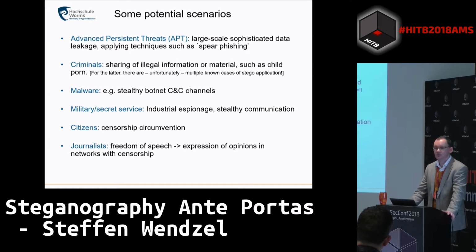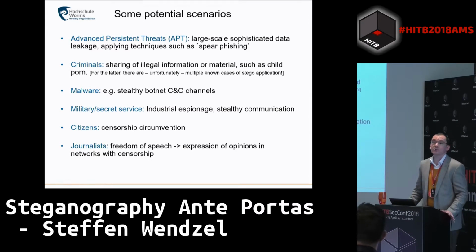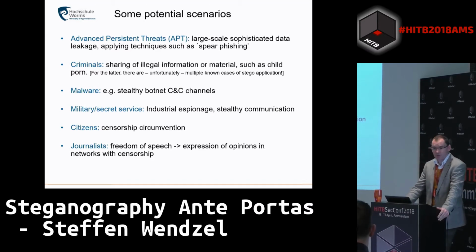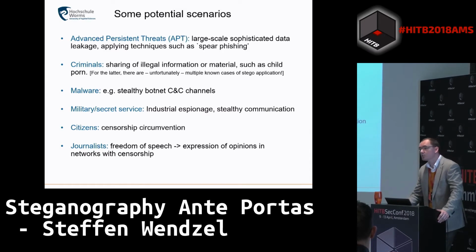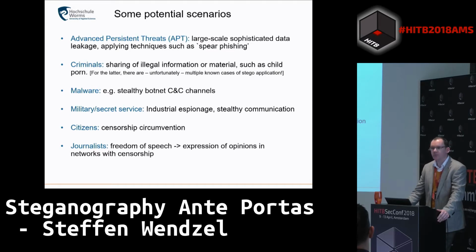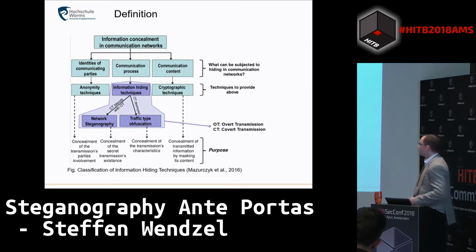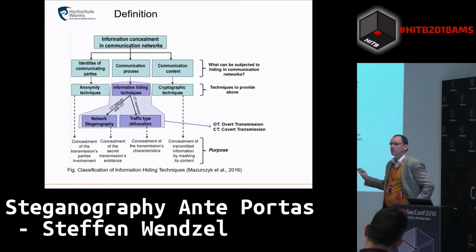Malware, already mentioned, then secret services, of course, but there are also positive sides of steganography application, like citizens that can use it to exchange their views in a way that is not surveyed or detected by the government, or journalists who want to express their opinion freely, so that the government does not restrict them with censorship.